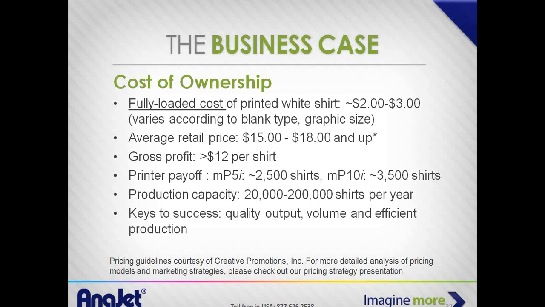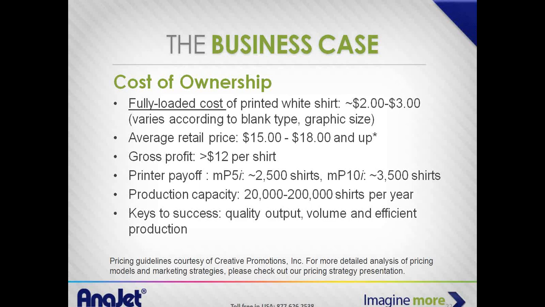And again, when you've got capacity from anywhere from 20,000 to 200,000 shirts a year, just start thinking about that. Let's say you're only doing 200 shirts a month now. That's 10 shirts a day, on 5 days a week, 4 weeks out of the month.